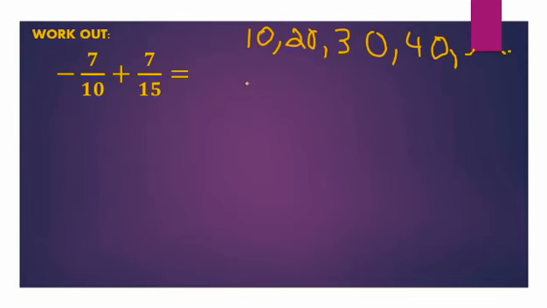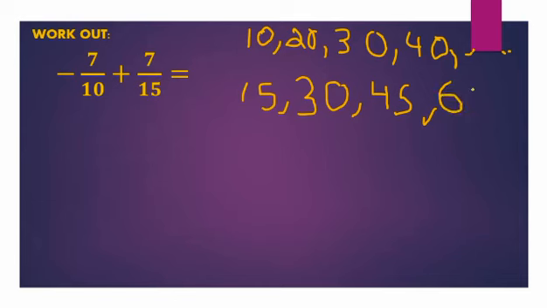Now the multiples of 15: if you multiply by 2 you get 30, by 3 you get 45, and by 4 you get 60, and go on.